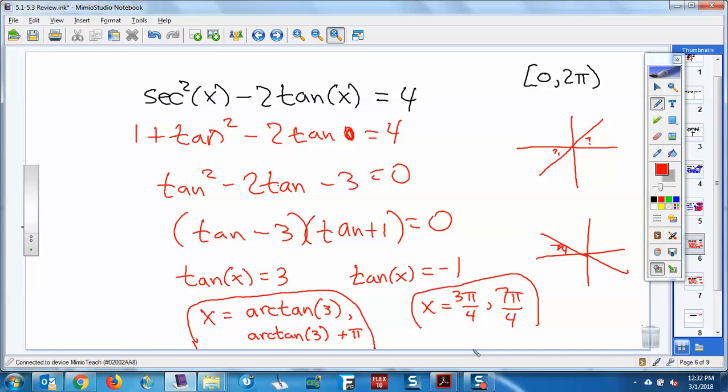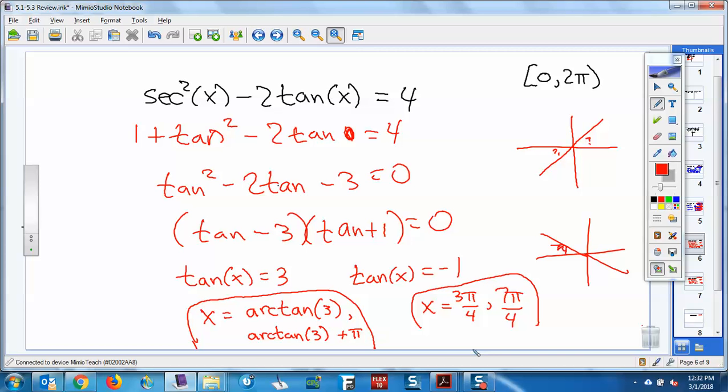It'll either be in the first or the fourth quadrant with tangent, positive in the first, negative in the fourth. So there's this unknown angle, we call it arctan of 3, up here. There'll be another one down here. Well, that's pi units. We don't have a reference for it, so this would be pi plus arctan 3. So you could write it like that.